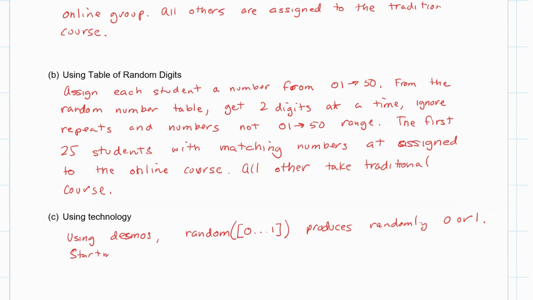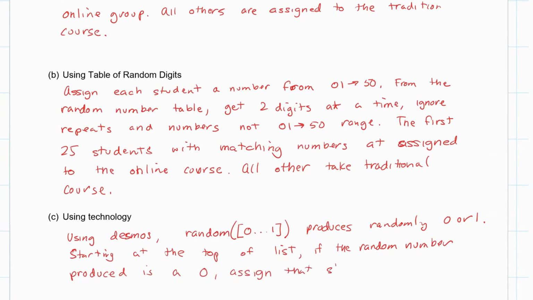Starting at the top of the list, if the random number produced is a 0, assign that student to the online group.